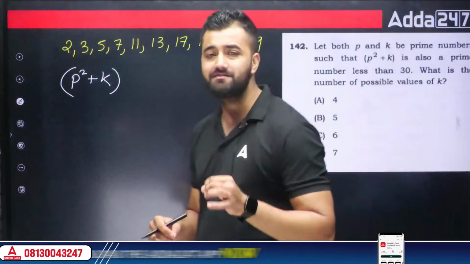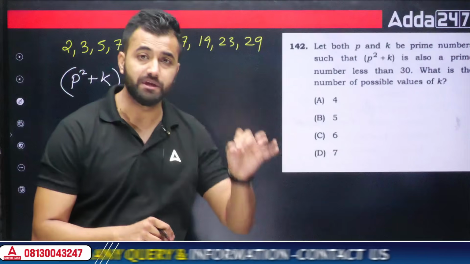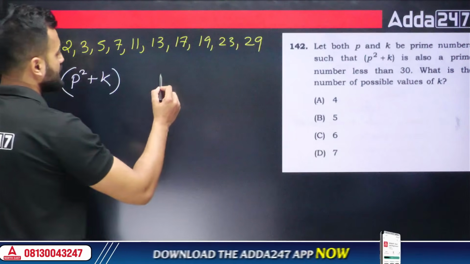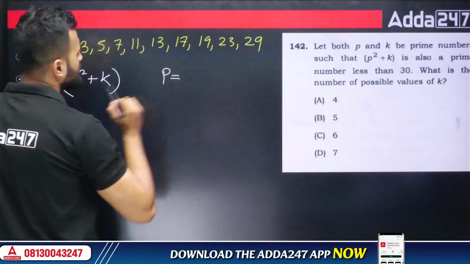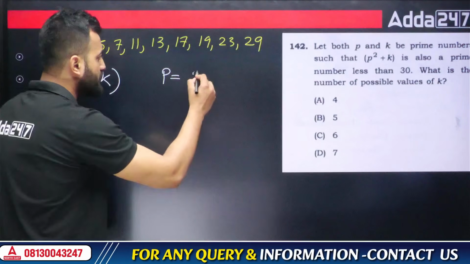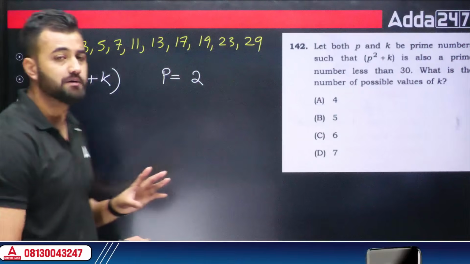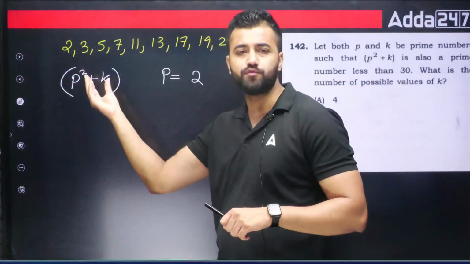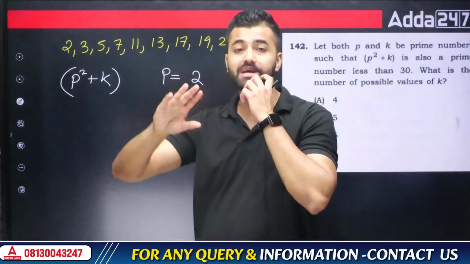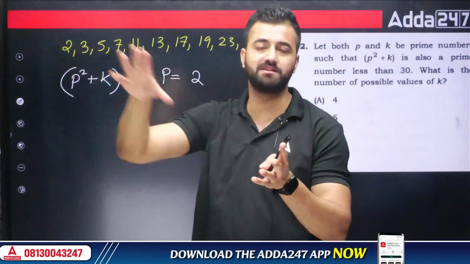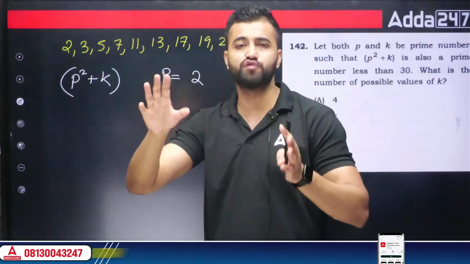First let's see what values of P I can utilize from these numbers. Can I take 2 here? If I place 2 instead of P, this becomes 2 square, which is 4. If I add any number to 4, it can be less than 30. Suppose I add 4 and 3. So 4 plus 3 becomes 7. It is less than 30, and that 7 is a prime number as well. So I can take that, right?